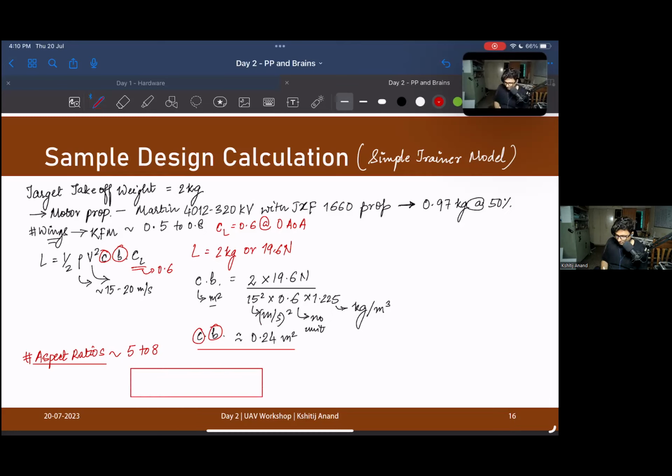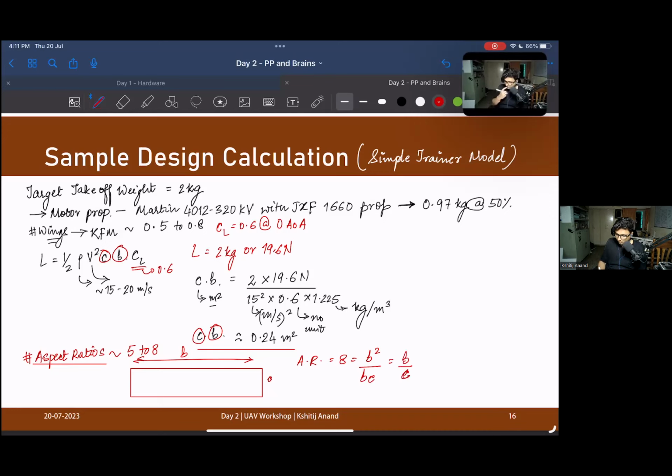So this is C, this is B. The wing planform area is B times C. So aspect ratio comes out to be the square of the wingspan divided by the area of the wing. So this comes out to be B by C.